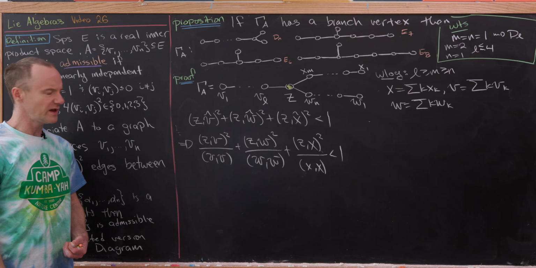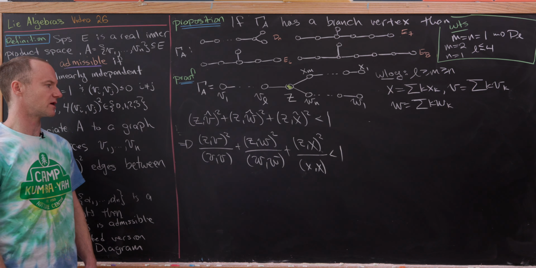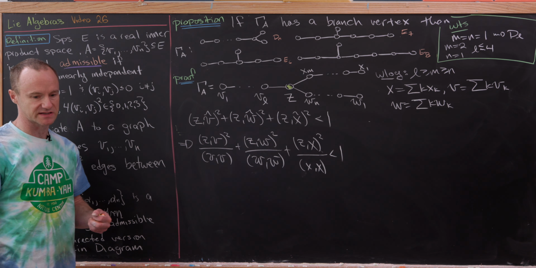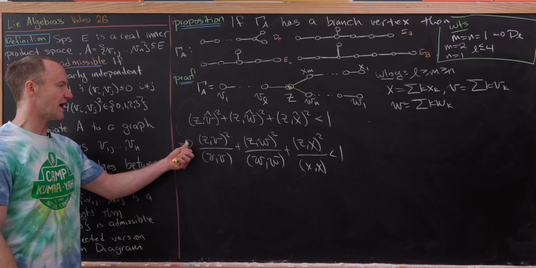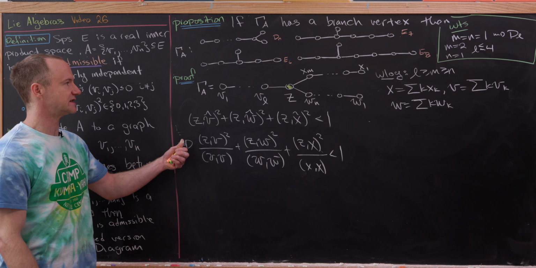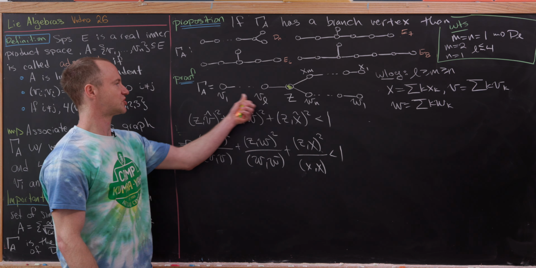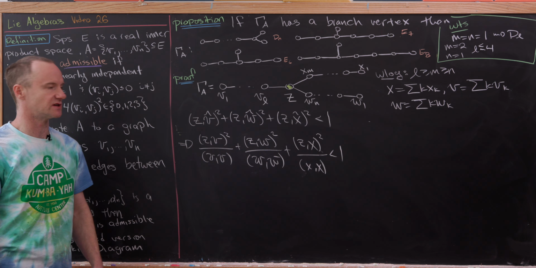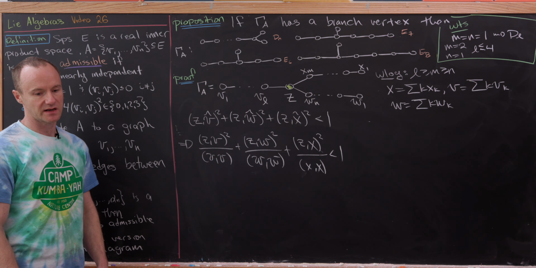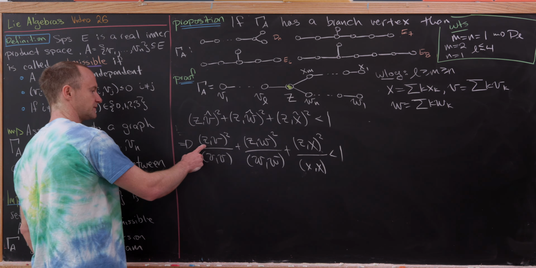But now we can calculate all of these parts just based on a previous lemma, as well as the way that z is connected to the chain from v to vl, x to xm, and w to wn. And it goes something like this.